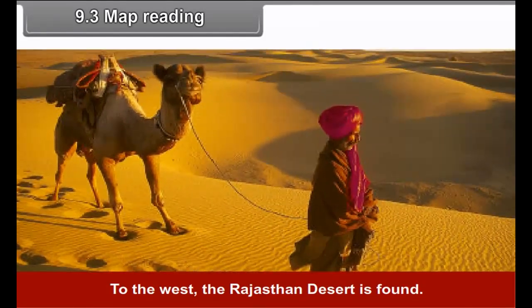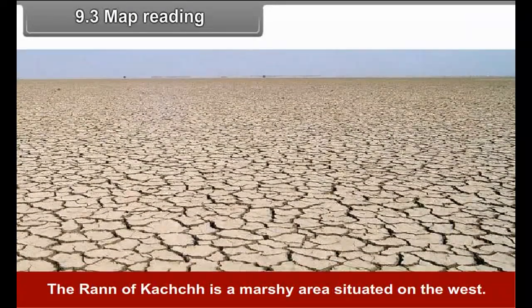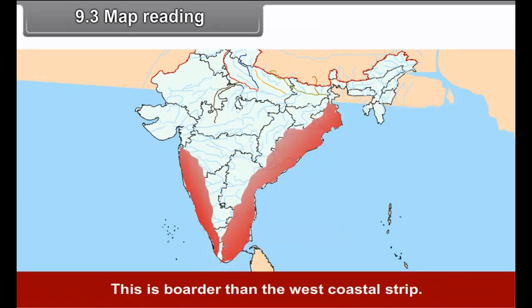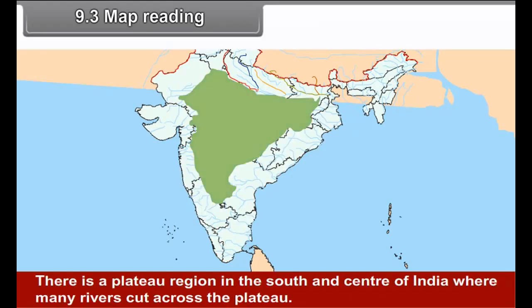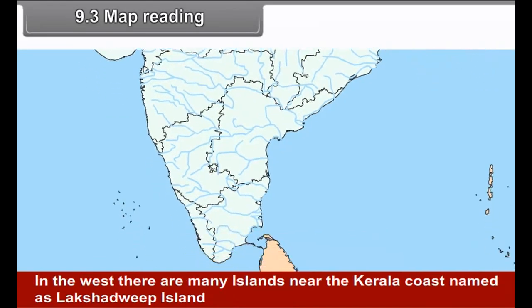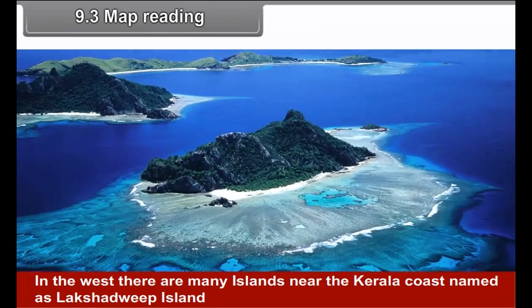The Eastern Ghats are found to the east of the Deccan Plateau, but compared to the Western Ghats, they are not very high. The Satluj and Ganga plains are found in North India. To the northeast, the Brahmaputra makes a floodplain. To the west, the Rajasthan desert is found. The Rann of Kutch is a marshy area situated on the west.